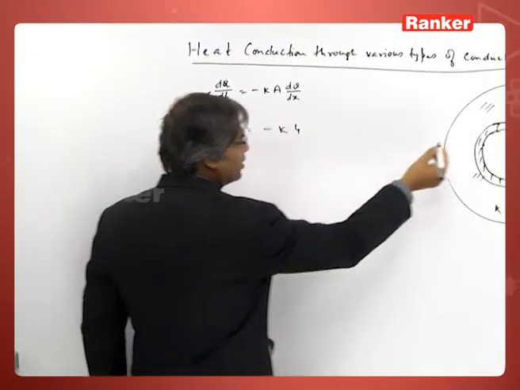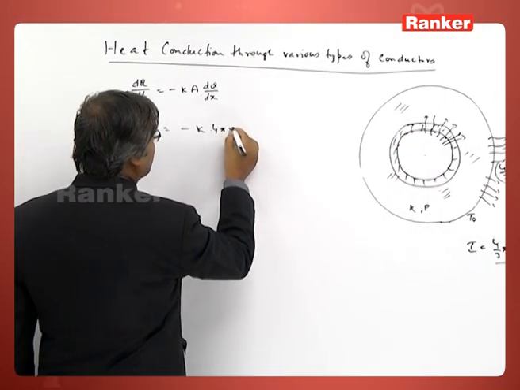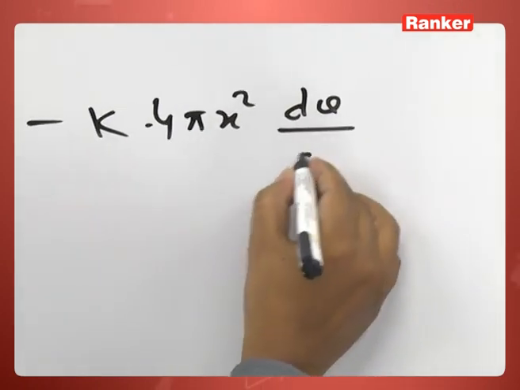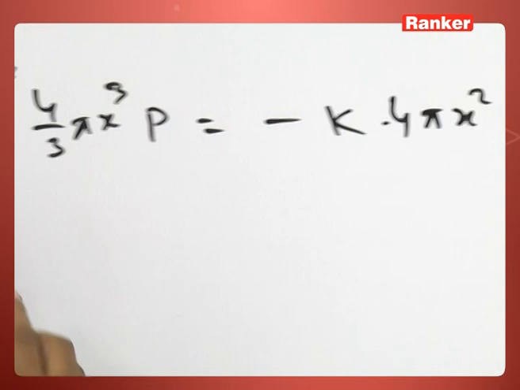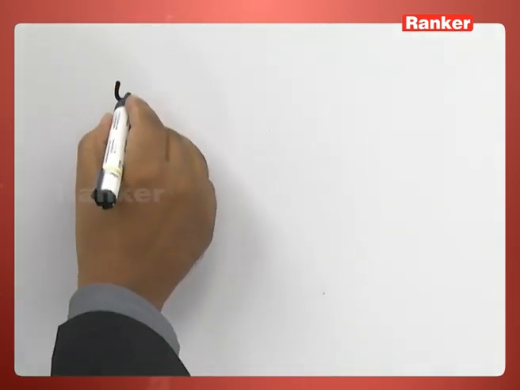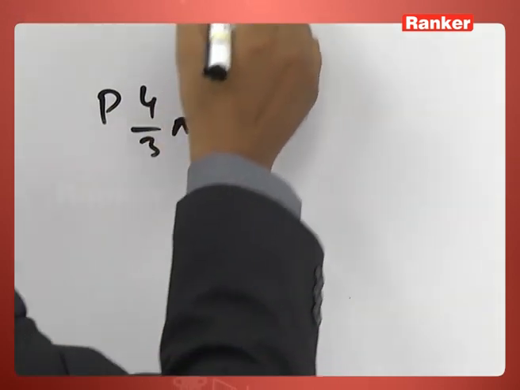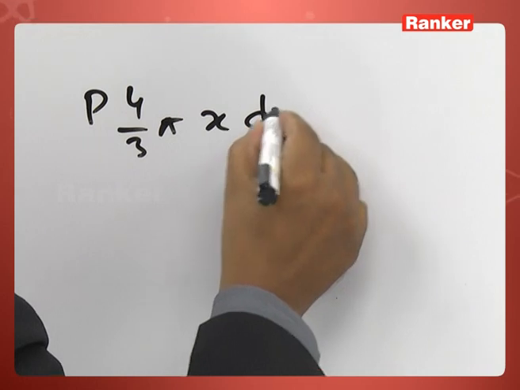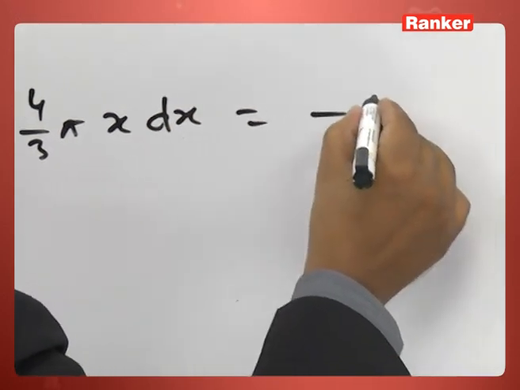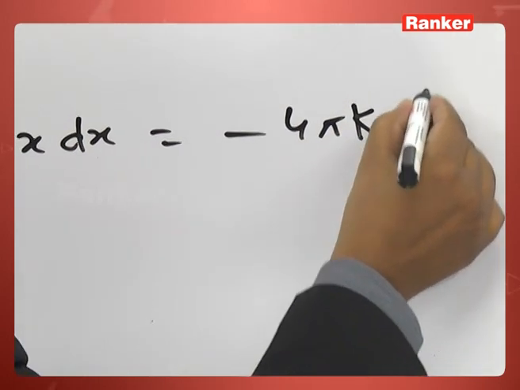What is the area of cross section through which heat passes? That is 4 pi x square into d theta by dx. So, here we will bring all x this side. So, we have 4 by 3 pi P into x cube by x square, so this is x dx, equal to minus, this is again 4 pi k d theta.